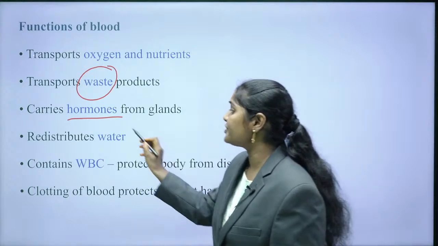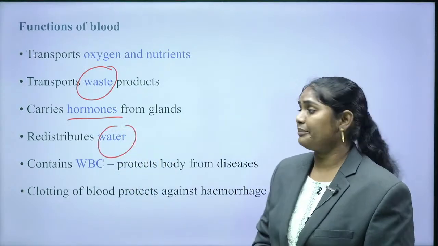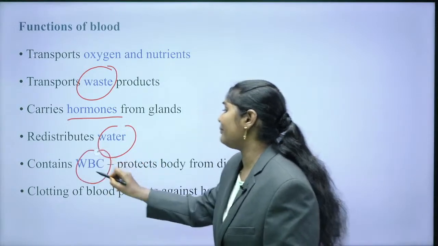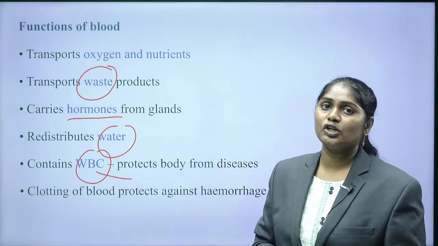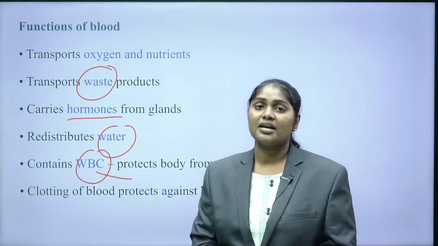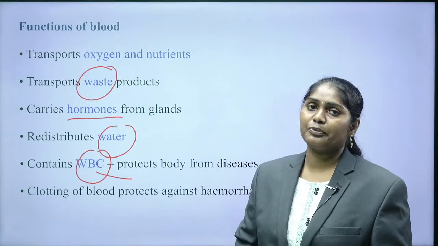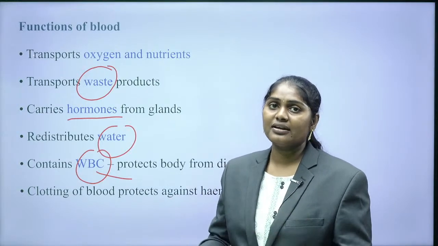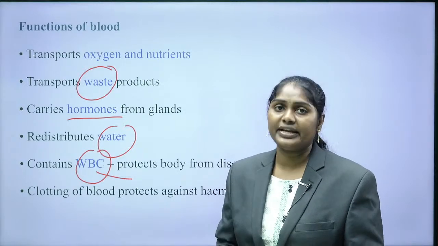Not only hormones, water is also distributed in blood, and it contains WBC, platelets, and different types of clotting factors. WBC is essential for protecting the body, that is nothing but immunity.